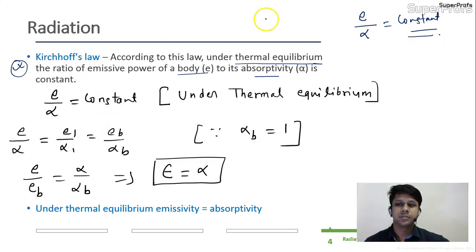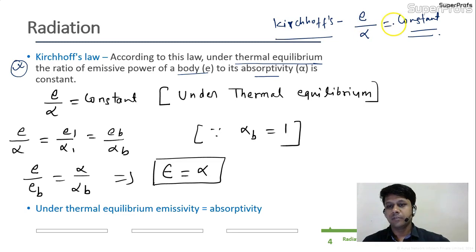So Kirchhoff's law says that E by alpha will be constant for any body under thermal equilibrium. That means there is no temperature difference between the bodies. So E by alpha we can write as E1 by alpha 1, and for a black body also EB by alpha B. All of these will be constant.